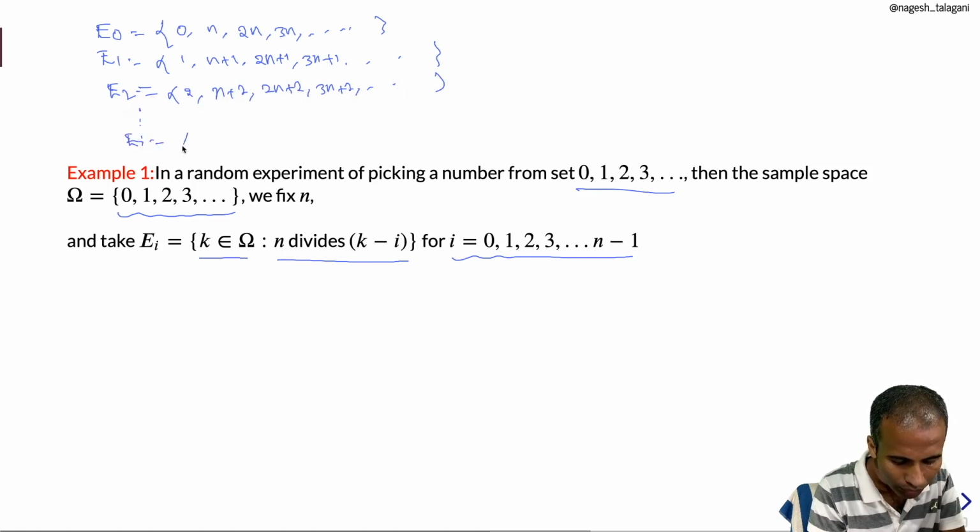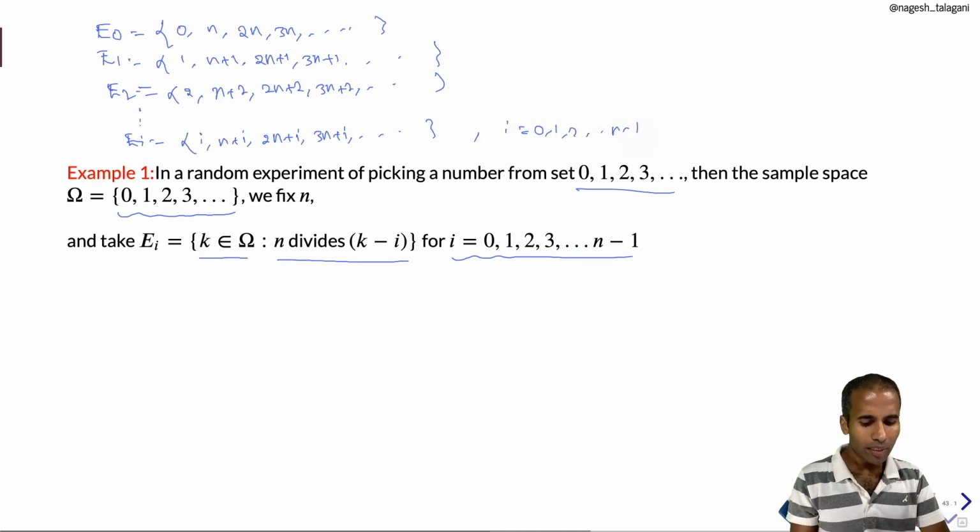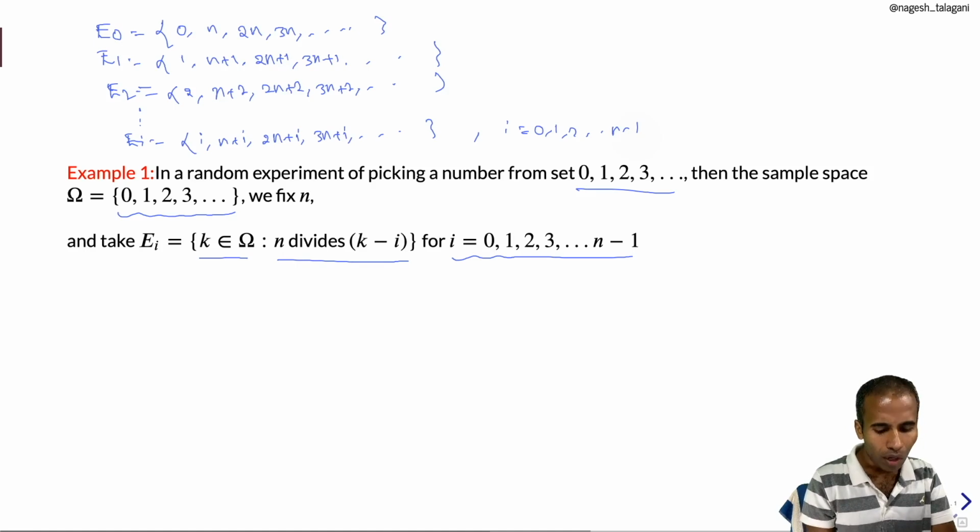Ei will consist of i, n plus i, 2n plus i, 3n plus i and so on, for i equal to 0, 1, 2, and so on, n minus 1. You can see that Ei consists of all numbers which leave the remainder i when you divide by n.